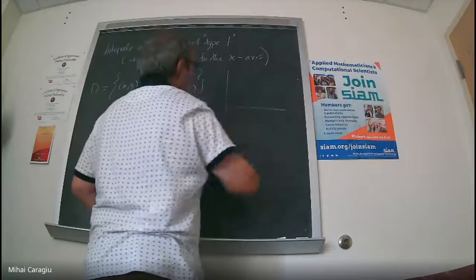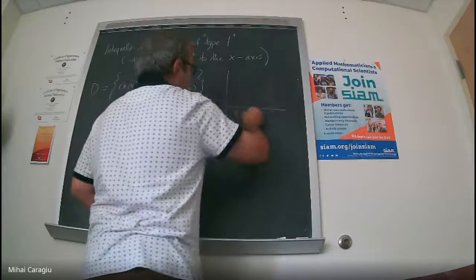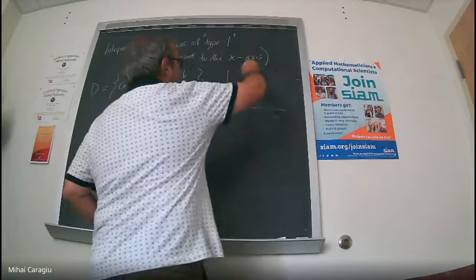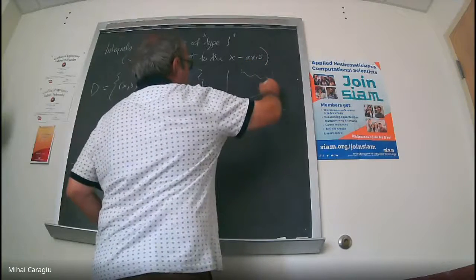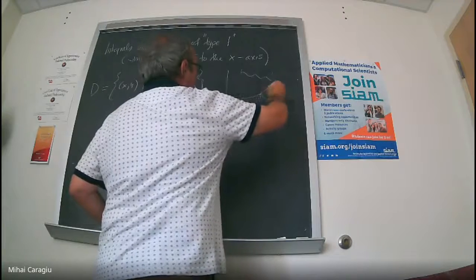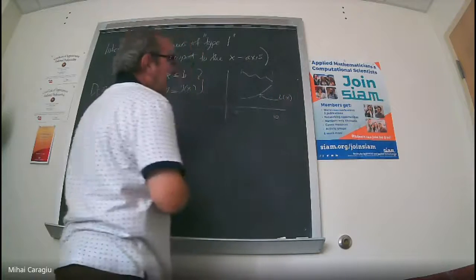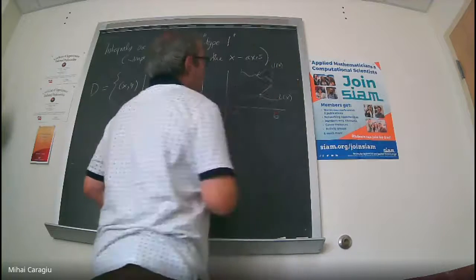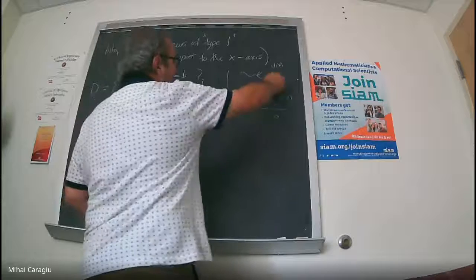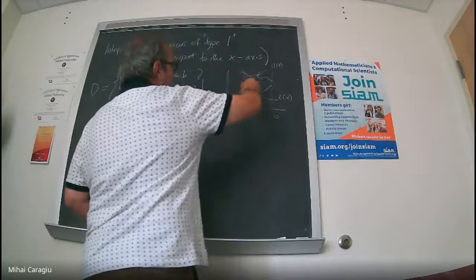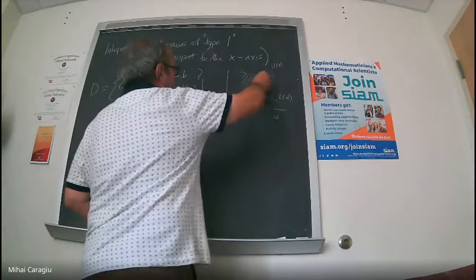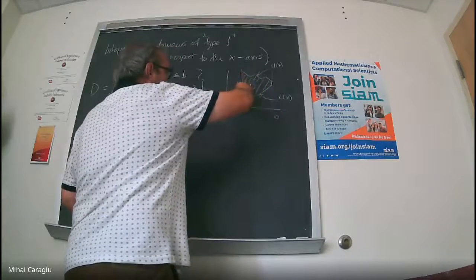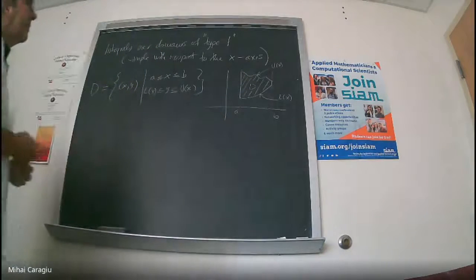This is a, this is b, and y is between y equals low of x and y equals u of x. And there's the domain D, a domain of type 1, or simple with respect to the x-axis.